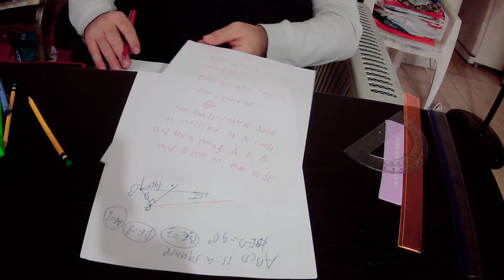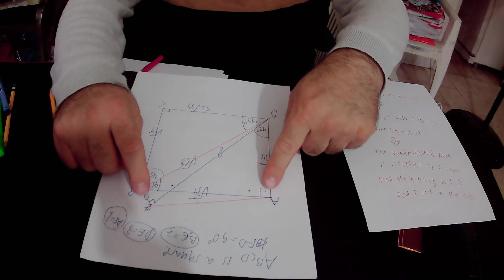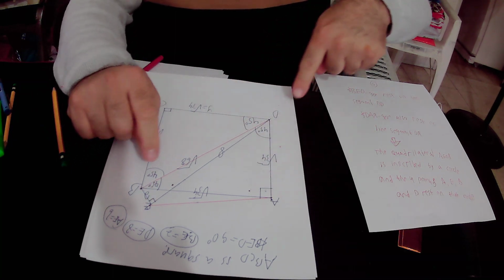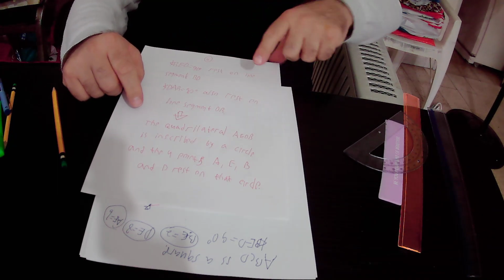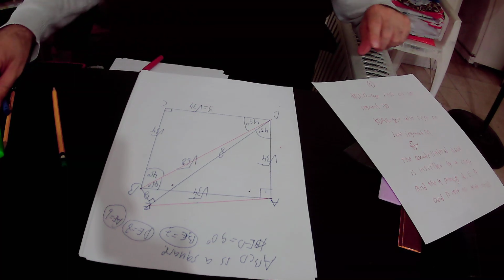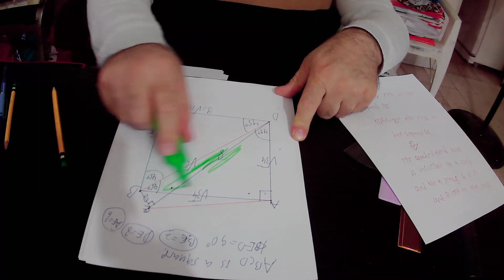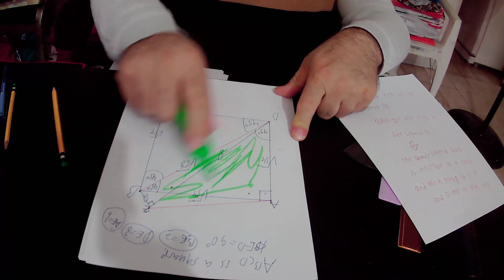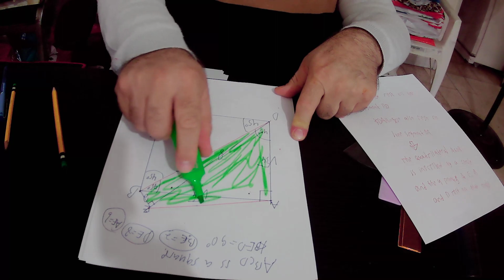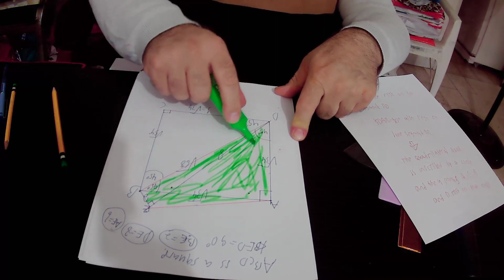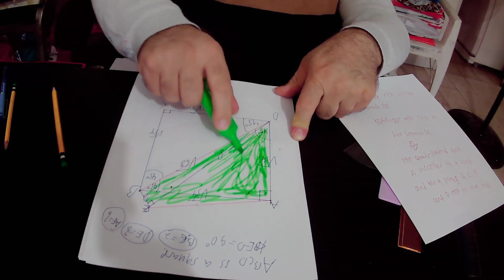I repeat again, because of the fact that those two right angles rest on the same line segment BD, therefore according to rule number 2, the quadrilateral AEBD, this quadrilateral in the green color, the quadrilateral that I painted in the green color, is inscribed by a circle.